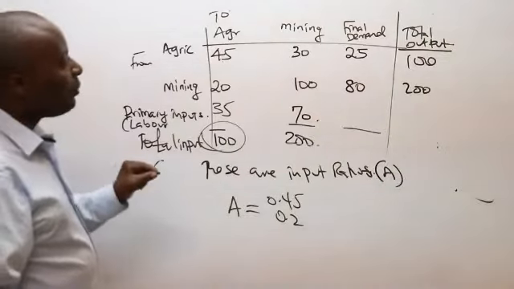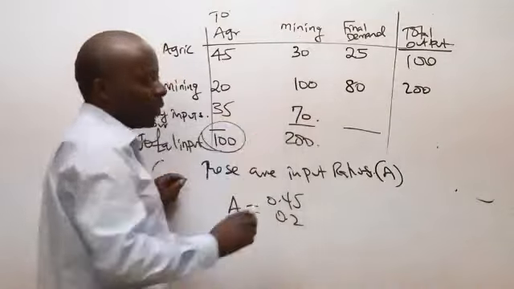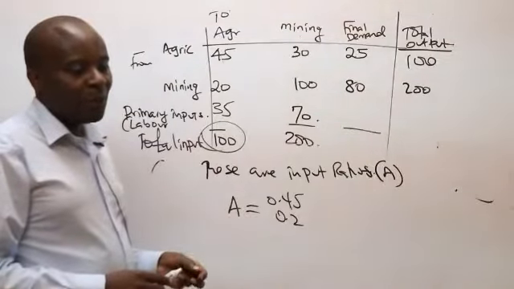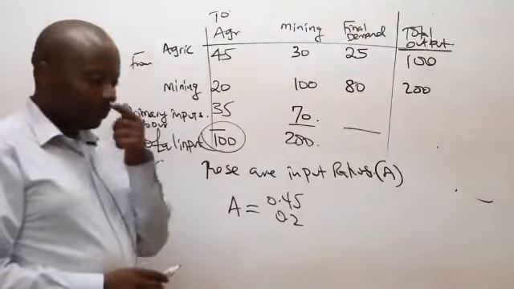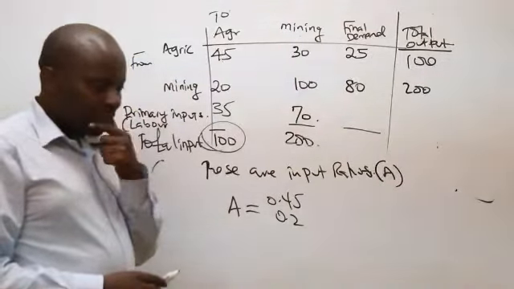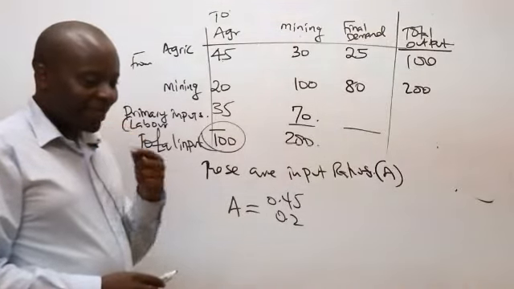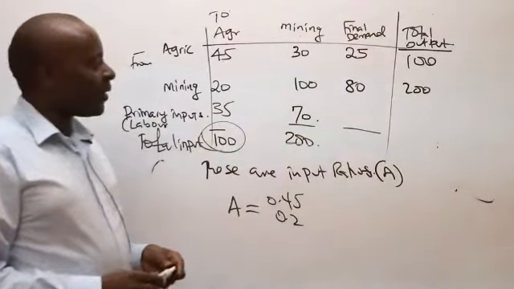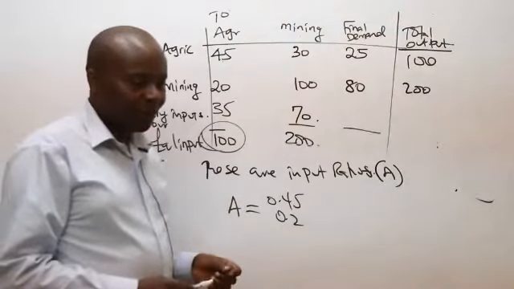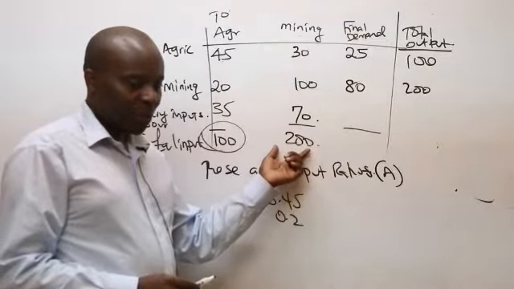How about the input ratios of mining, if you're following? What will the input ratio of mining be, somebody? Just try. 0.3 and 0.1. Thanks for trying, but be more careful. What is the total input here for mining? Not 100, it's 200.